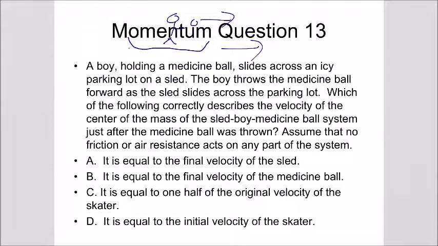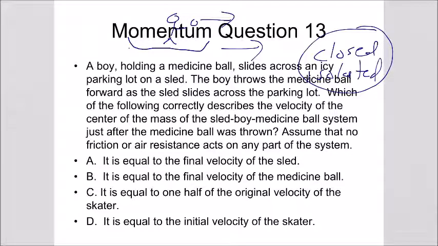Which of the following correctly describes the velocity of the center of mass of the sled, boy, medicine ball system just as the medicine ball was thrown? Assume that no friction or air resistance acts on any part of the system. So this is a closed or isolated system. And we talked on our intro to momentum screencast that in closed or isolated systems, momentum is conserved.